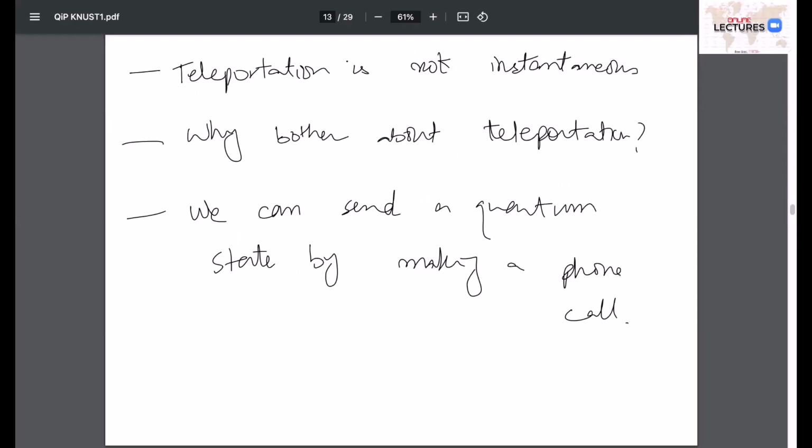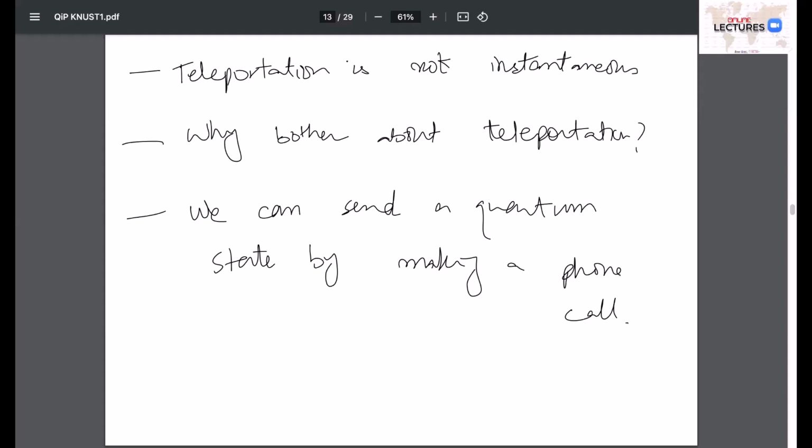So in this sense, teleportation is not instantaneous because the information about the error is transmitted through a classical channel, and the speed of information transmission through a classical channel is limited by the speed of light. We cannot send classical information faster than the speed of light.